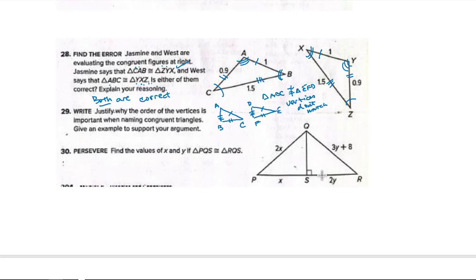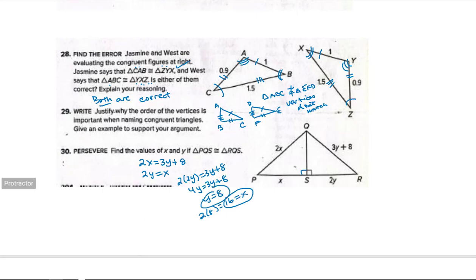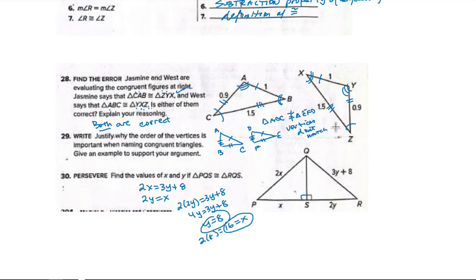If we name it in a different order, like ABC compared to EFD, angle A does not match with angle E. Angle B matches with angle F, but angle C does not match with angle D. So that's a false congruence statement. For the bottom one, we want to find the measures of those. We have 90-degree angles. They're going to be congruent, and that's it.